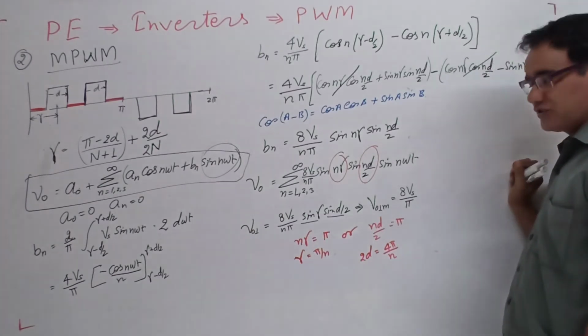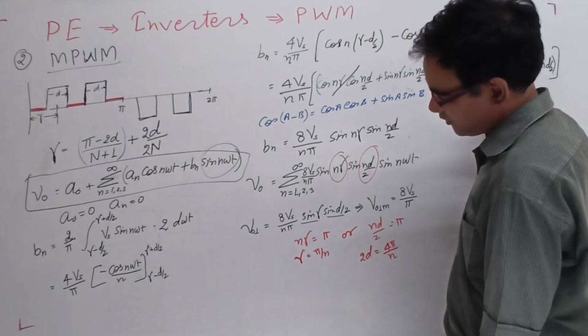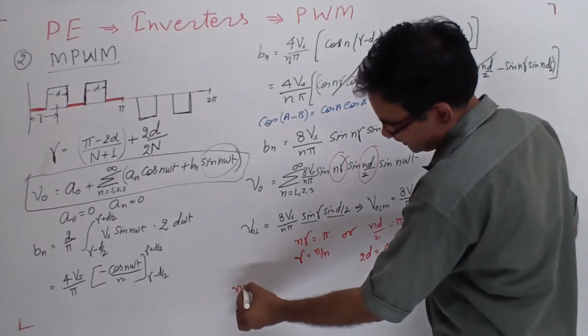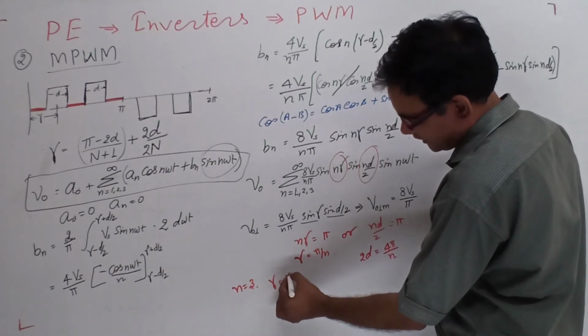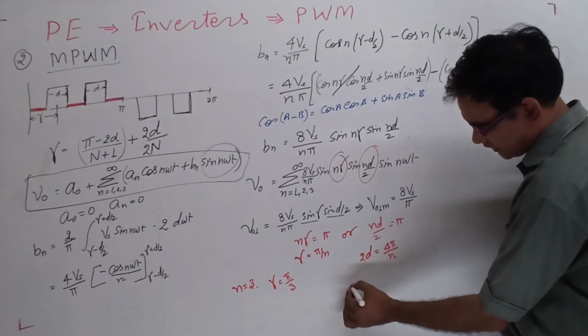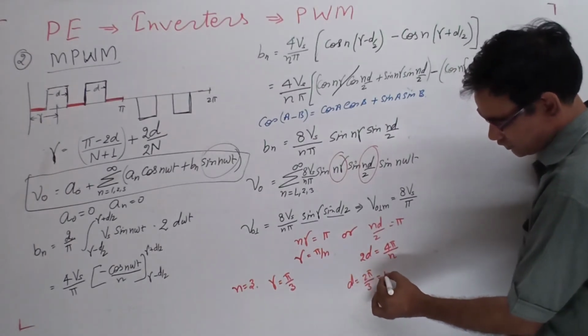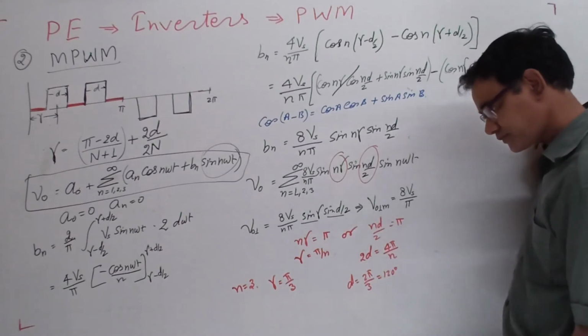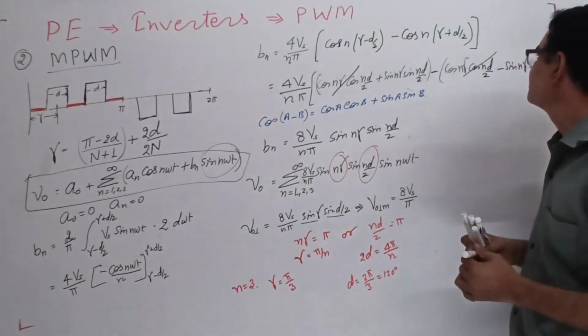Suppose we want to eliminate the third harmonic, n is equal to 3. So gamma is equal to pi by 3, and here d is equal to 2 pi by 3, which means 120 degrees. Pulse width is 120 degrees.